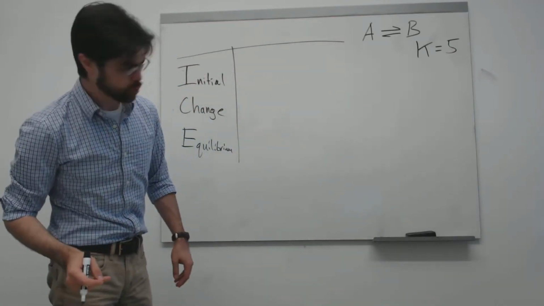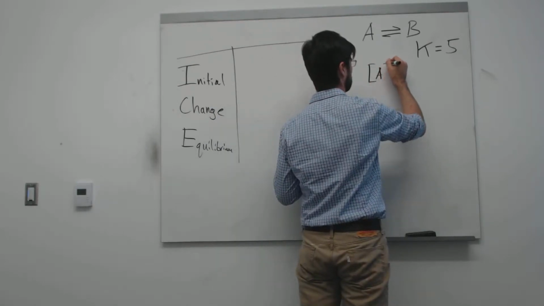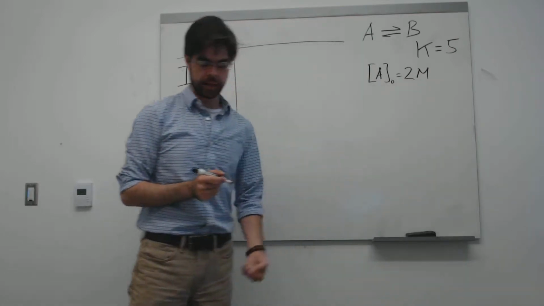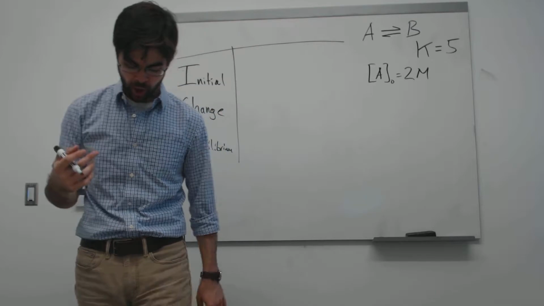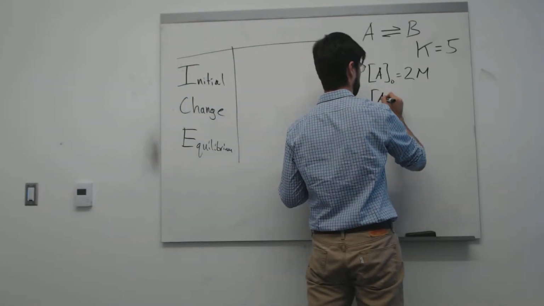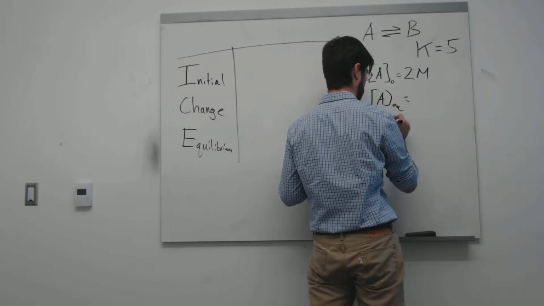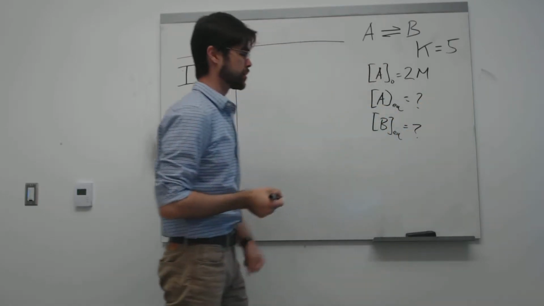So let's say you start with 2 molar concentration of A, no B. What are the equilibrium concentrations? That's what we'd like to know.